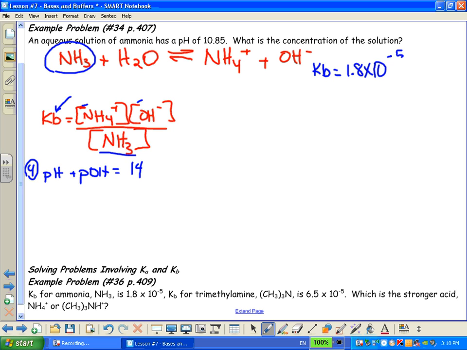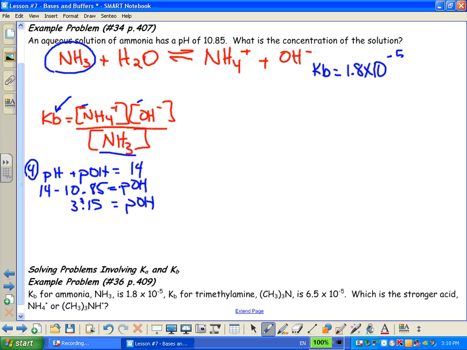So pH plus pOH equals 14. So if we know that the pH is 10.85, we can rearrange this and put 14 minus 10.85 is equal to pOH. And then you subtract those two and you end up with a pOH of 3.15.